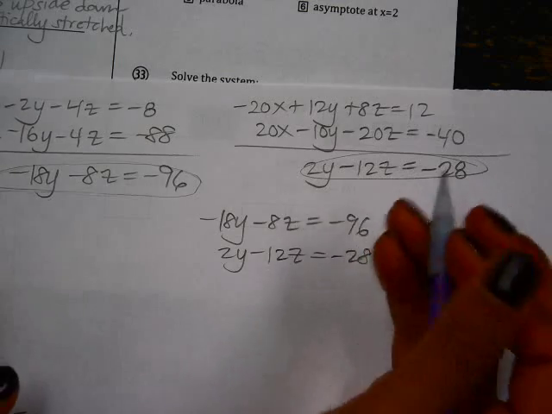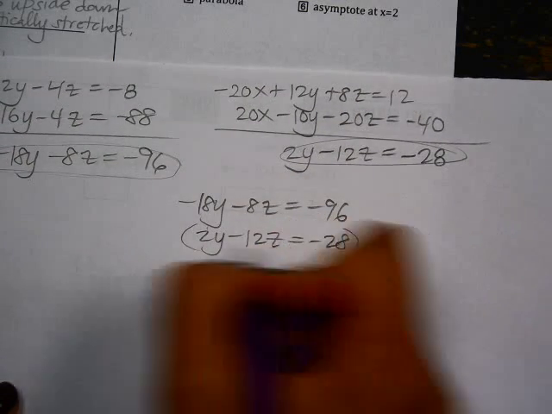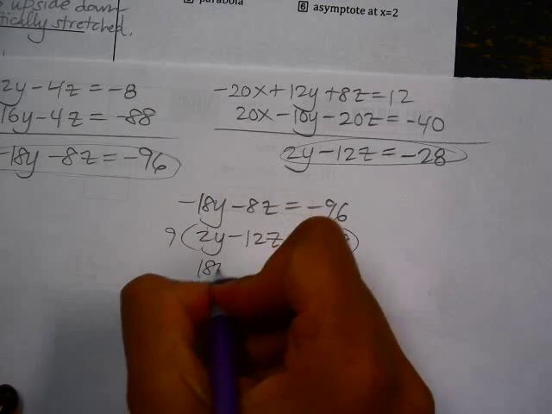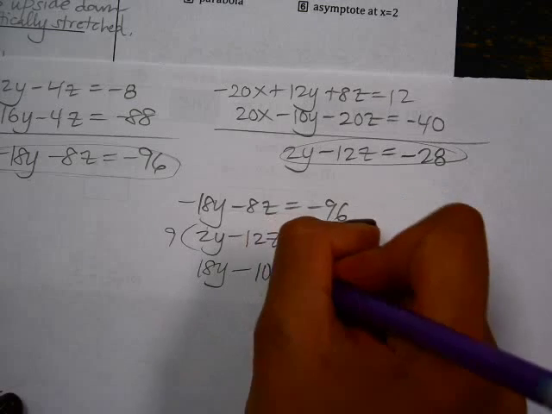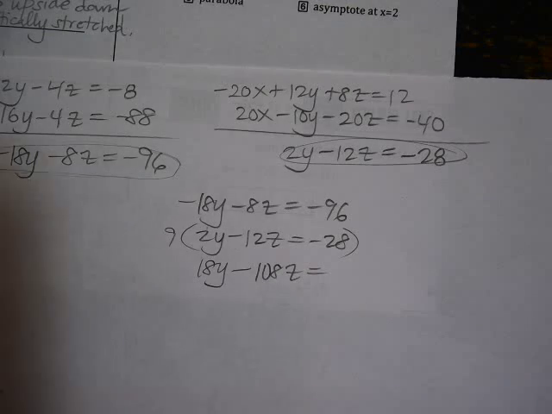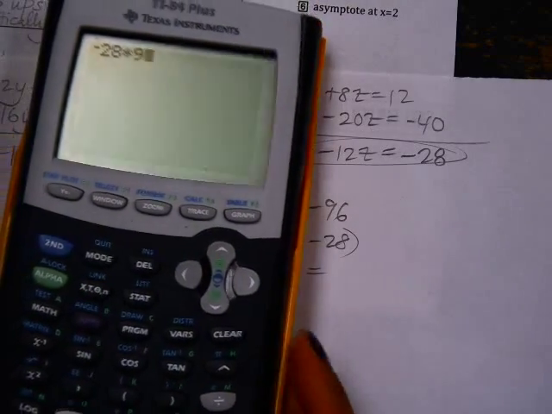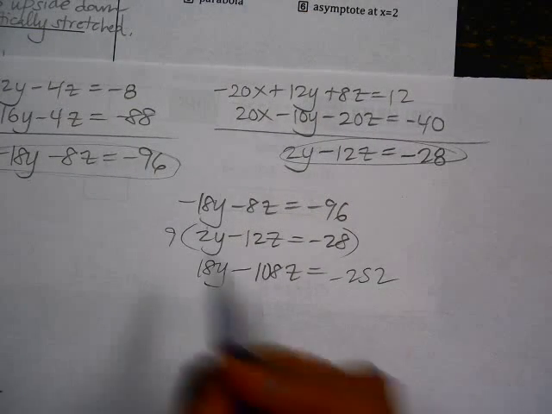So if we want to cancel the y's, we just need to multiply this second equation by 9. That would be positive 18y minus 108z equals -28 times 9 would be -252.